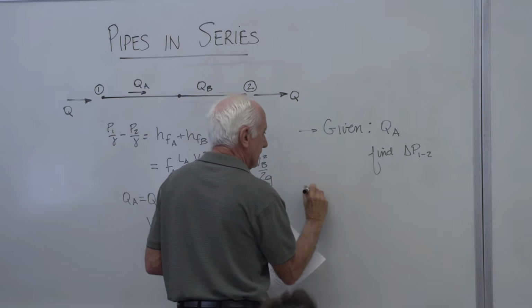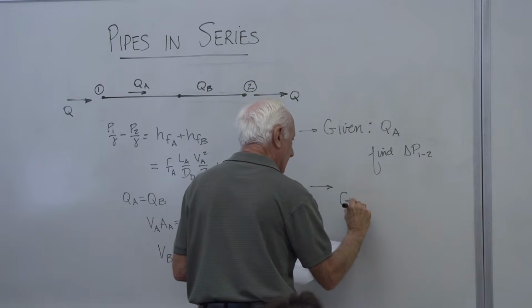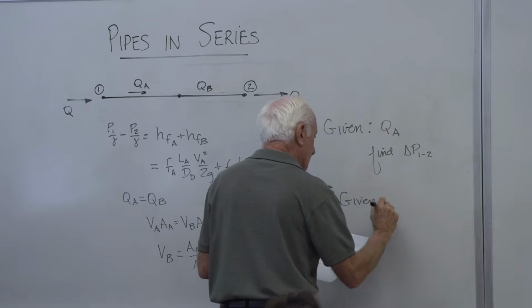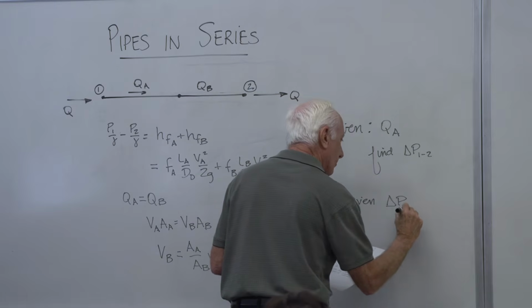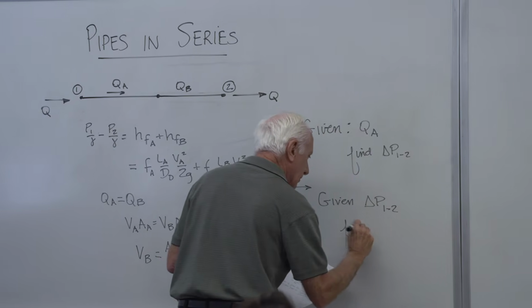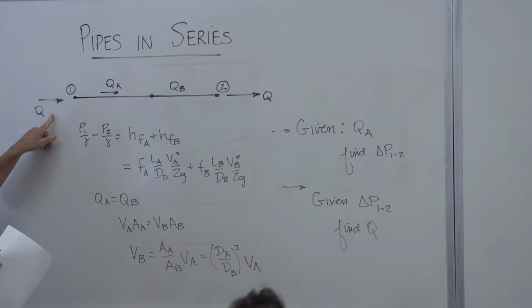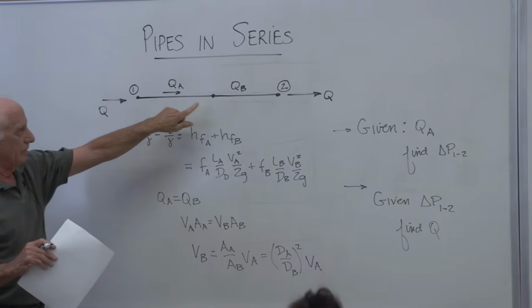The second problem is given delta P, the pressure drop from 1 to 2, find Q. And of course, from the picture, Q equals QA equals QB.